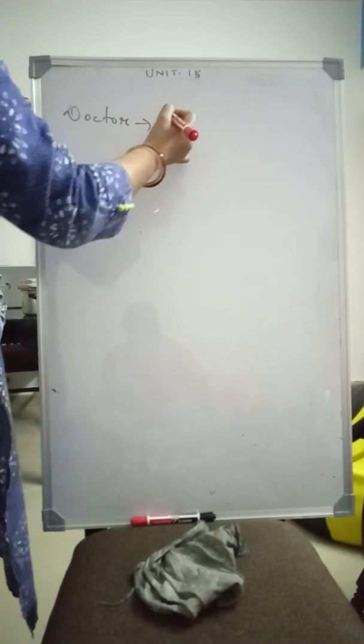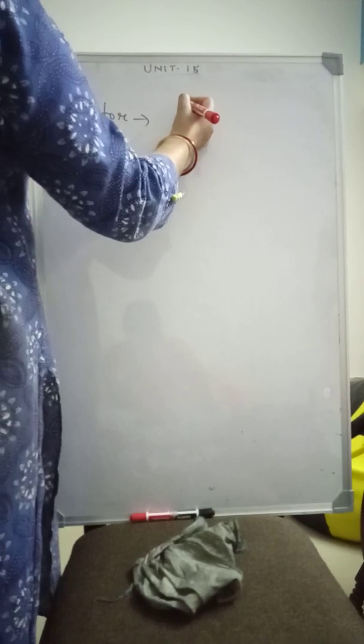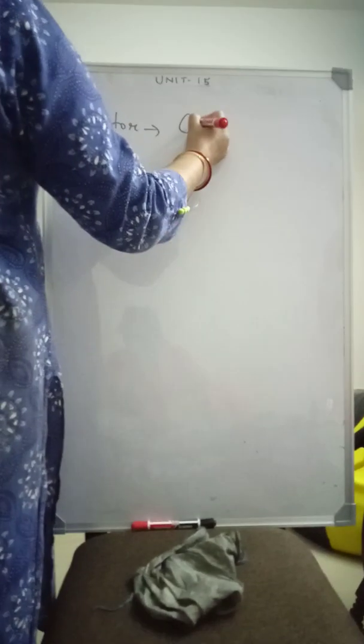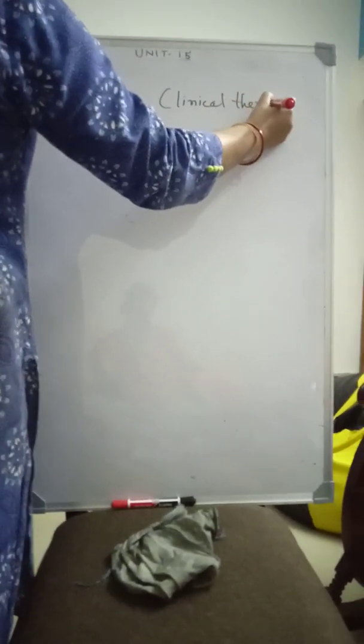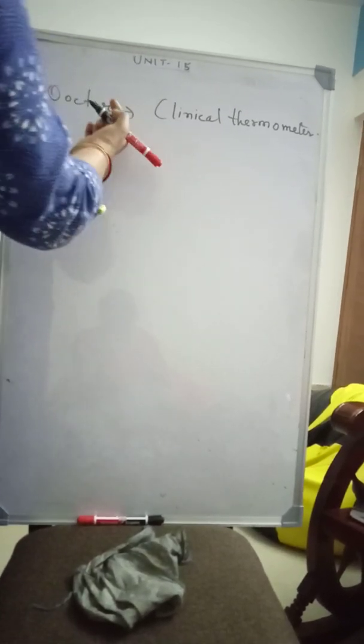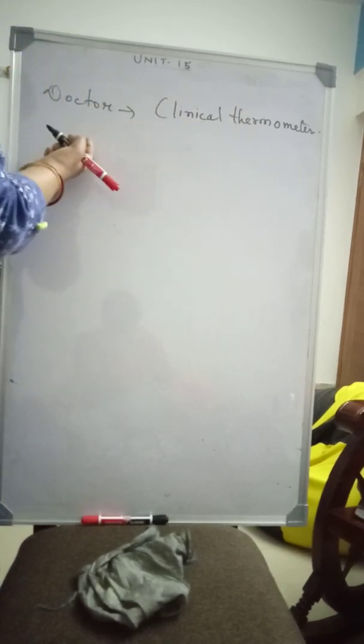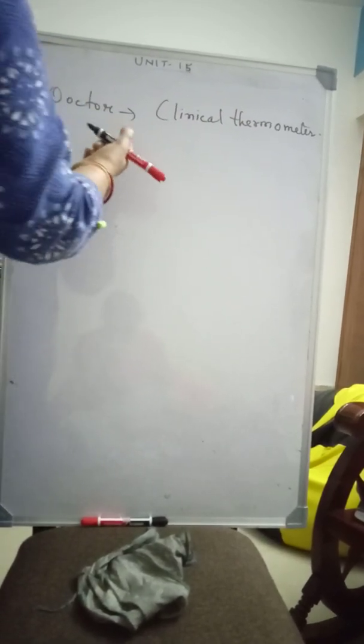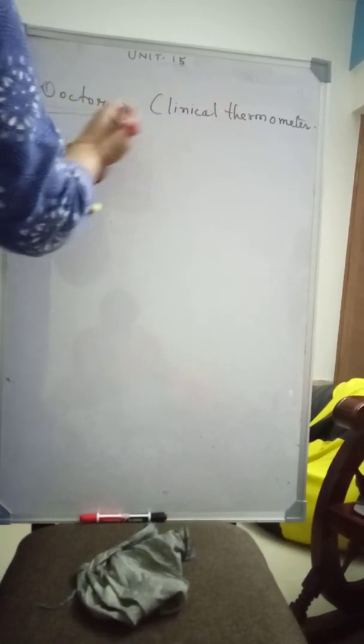What type of thermometer does the doctor use to measure the temperature of his patient? The thermometer used by the doctor is the clinical thermometer. The doctor uses the clinical thermometer every day in order to measure the temperature of his patient.